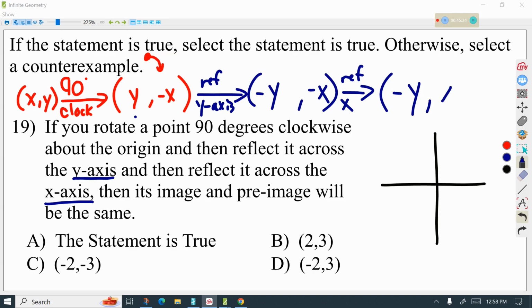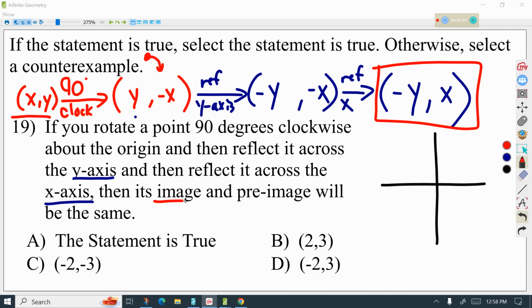So that means the negative x will become a positive x. And so this is what we got. Look, it started off as this, and then it turned into this. And it says its image and its pre-image will be the same. Is that true?